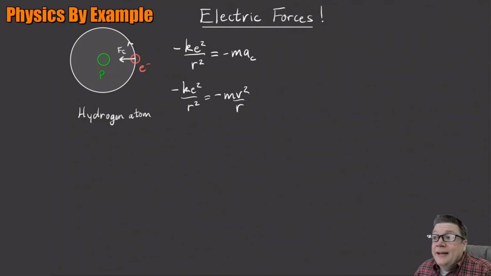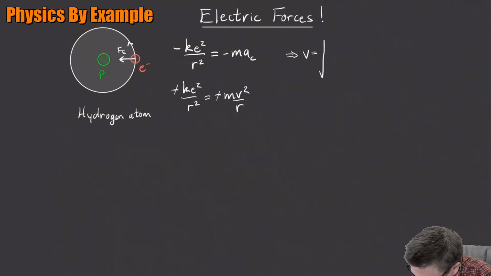Those minus signs are going to go away. So now I can solve for v, how fast the electron's going. I'm going to take the square root of all that stuff, and it's going to be k e squared, and then I'm going to have m r on the bottom.